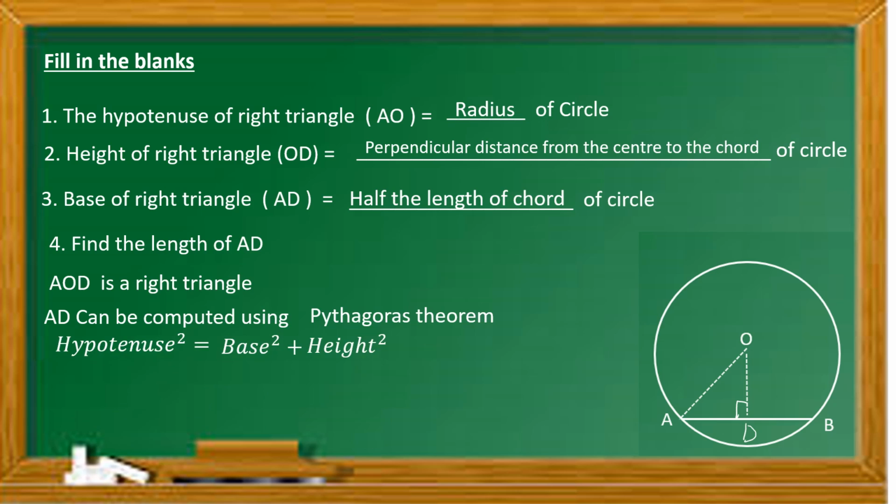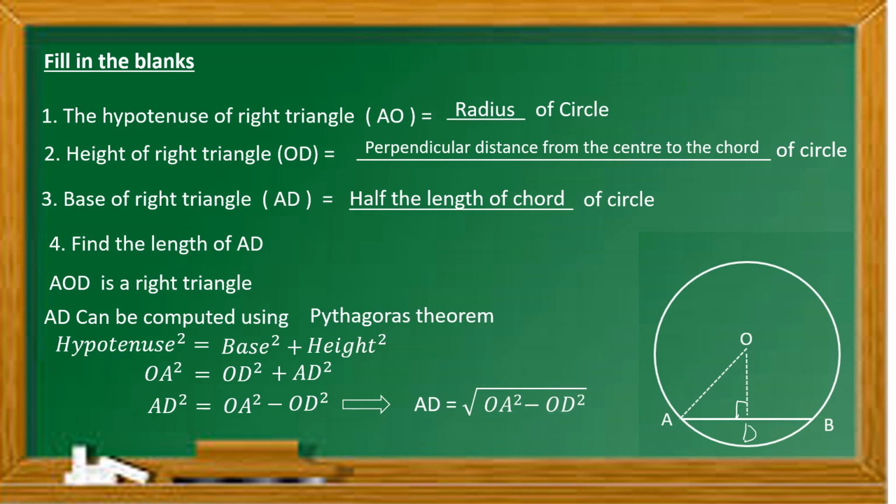Now tell me the next step. Yes, OA square equal to OD square plus AD square. So AD square will be OA square minus OD square, isn't it? So what will be AD? AD will be square root of OA square minus OD square.